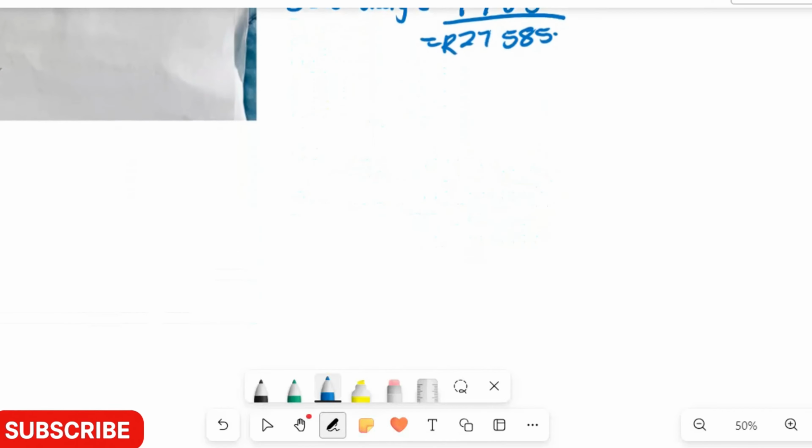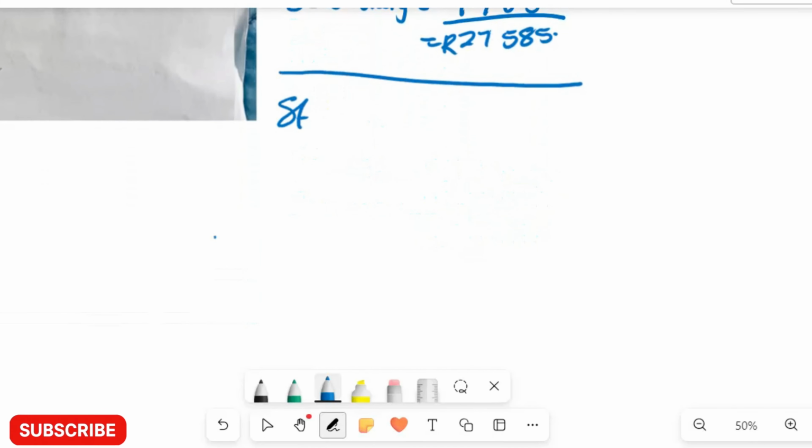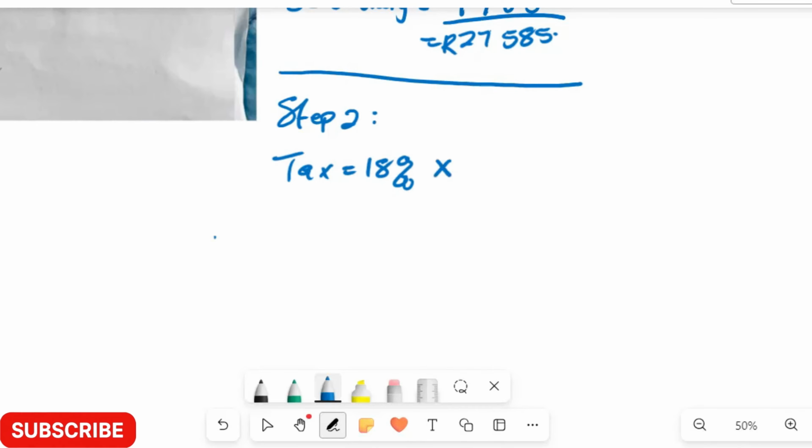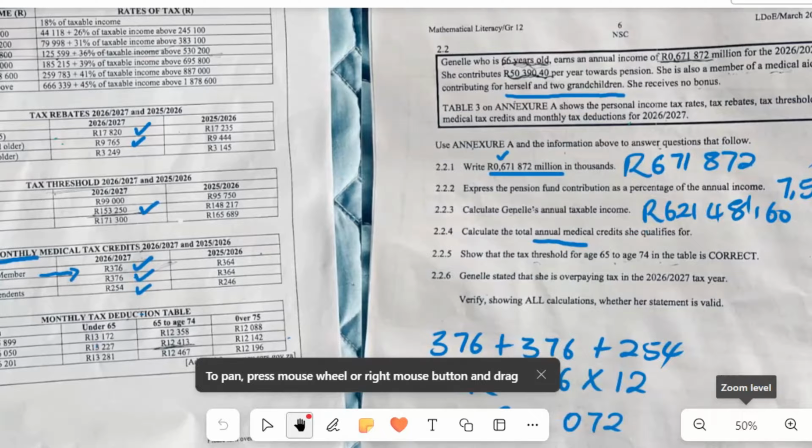And then step 2, let us use the first tax bracket of 18% of income. We have seen that on the left there. That is the first tax bracket of 18%.